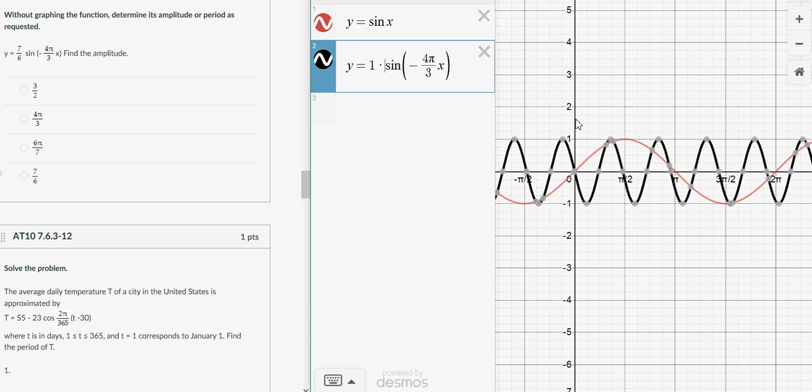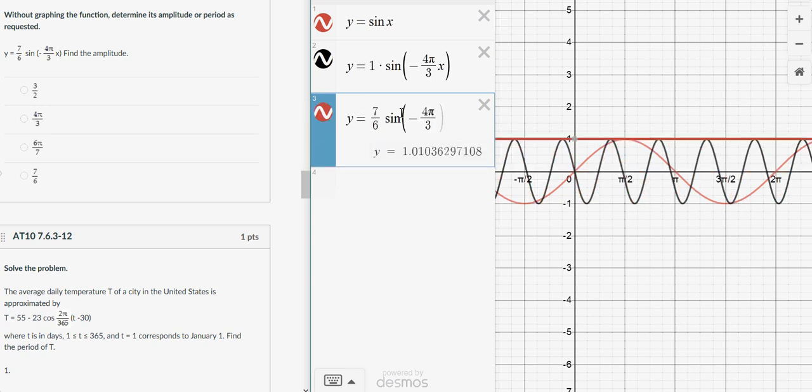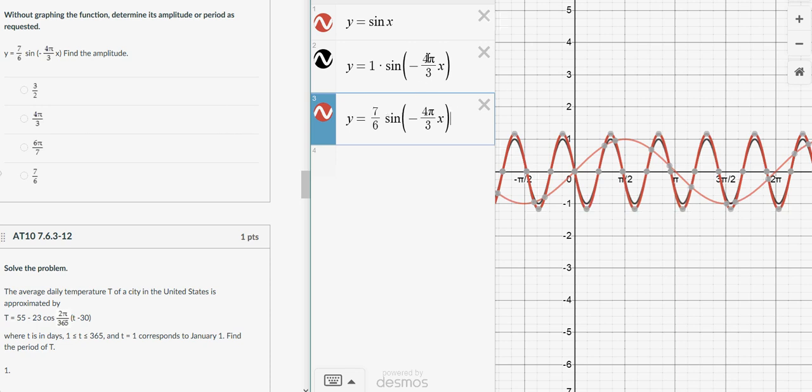But then here what we got is y equals 7 over 6 times sine negative 4 pi over 3 times x. So it's actually every value you get here, you multiply by 7 over 6.